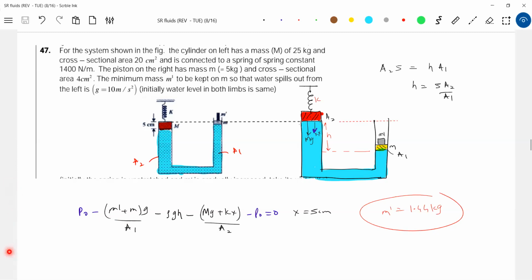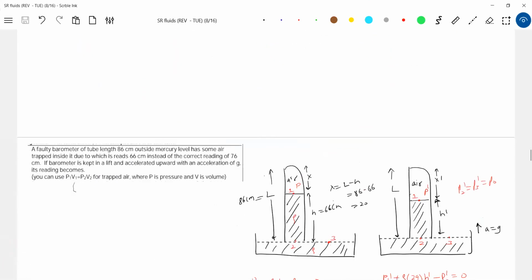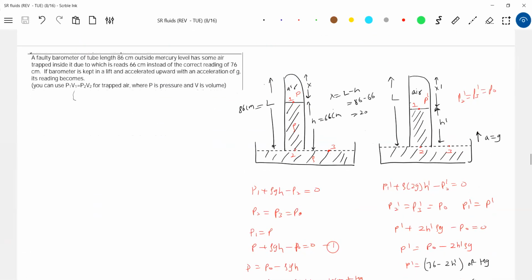Now scroll down. And there is a good concept here. Read carefully.